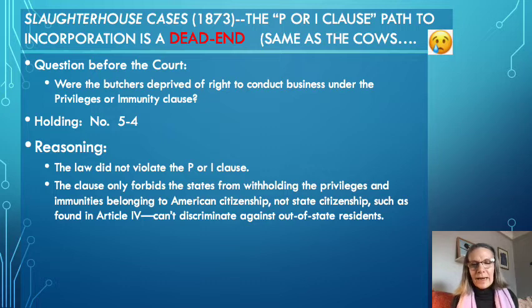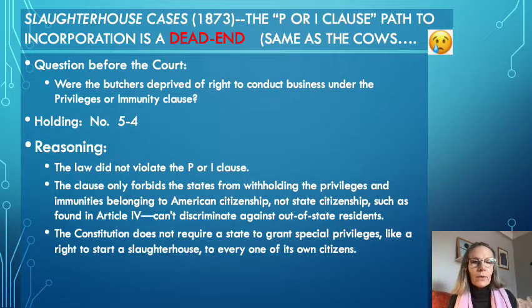For example, Article 4 says that a state can't discriminate against out-of-state residents, okay? So if you're from Wisconsin and you go to Illinois, you can't be discriminated against. And that's how they interpreted the Privileges or Immunities Clause, really, really narrowly.